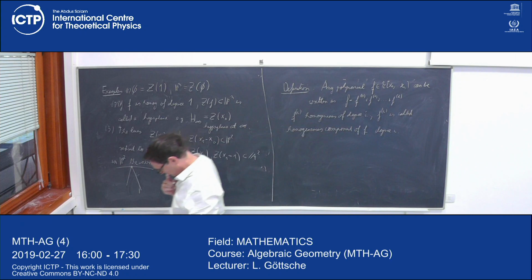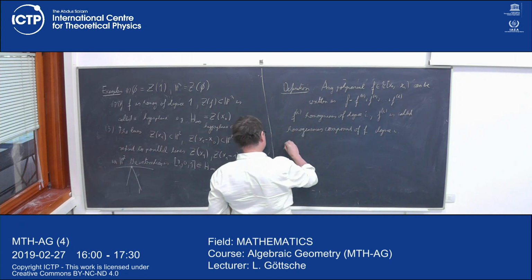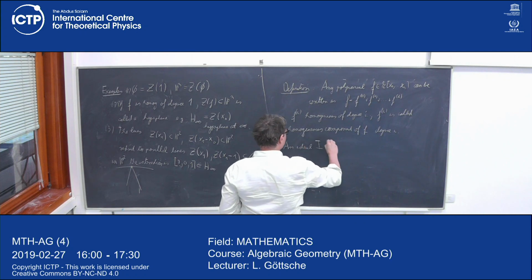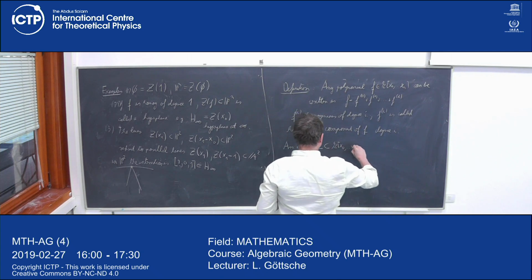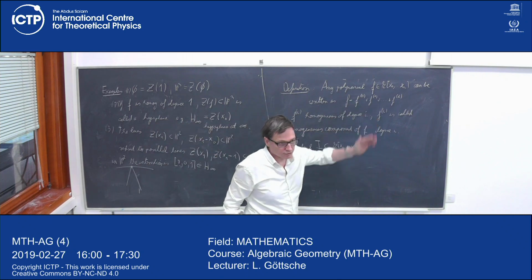And now we call an ideal in this polynomial ring a homogeneous ideal if whenever it contains a polynomial f, it also contains all its homogeneous components.